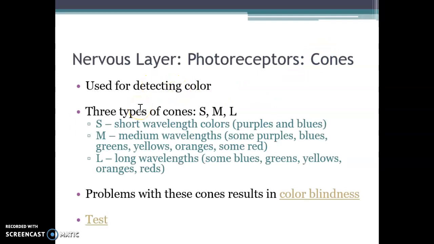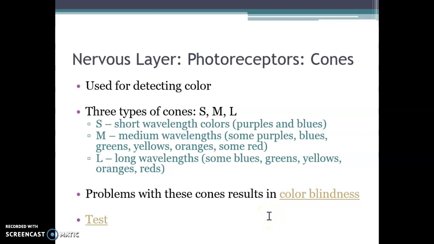There's three types of cones: S cones, M cones, and L cones. They detect different colors. So we can see that different types of cones will detect different types of colors. And should a person have issues with one type of cone or all three, that does lead to different problems resulting in color blindness.